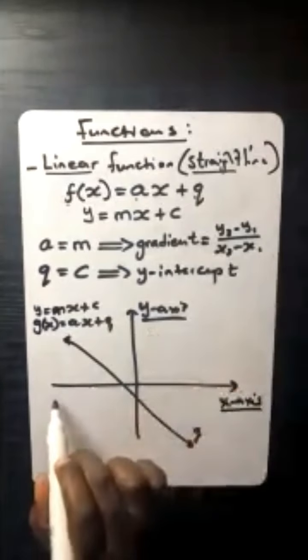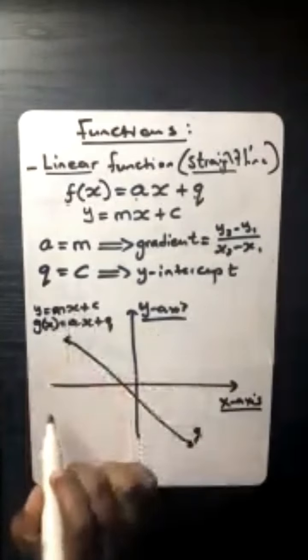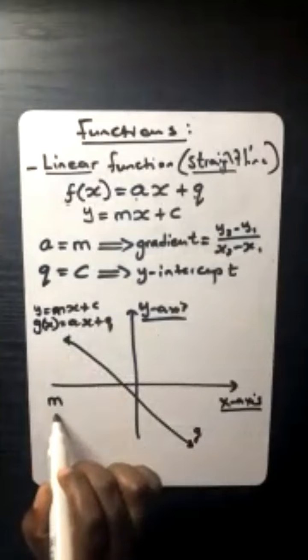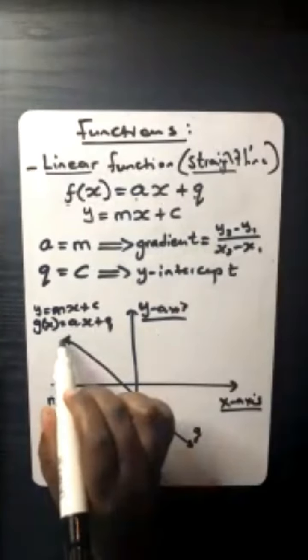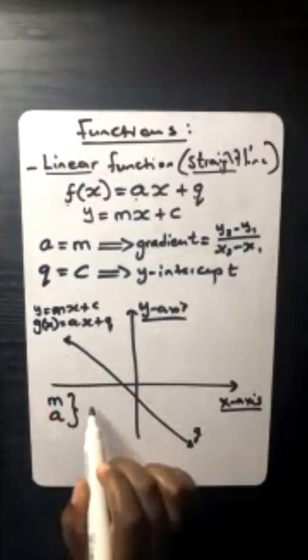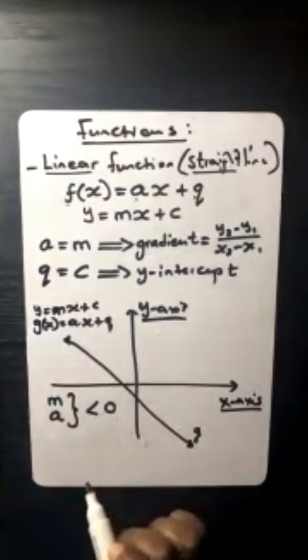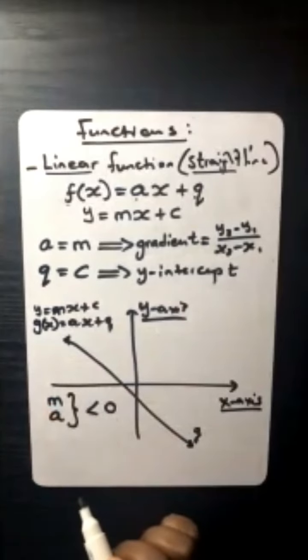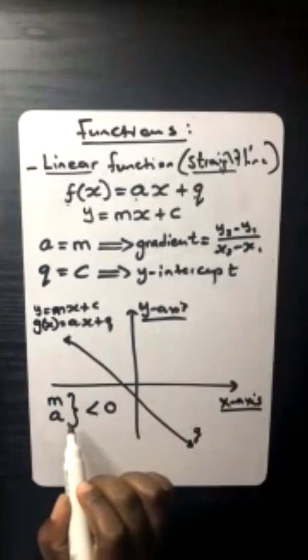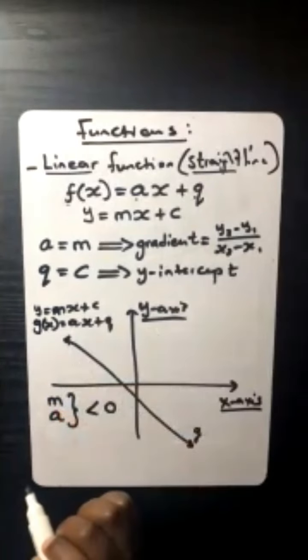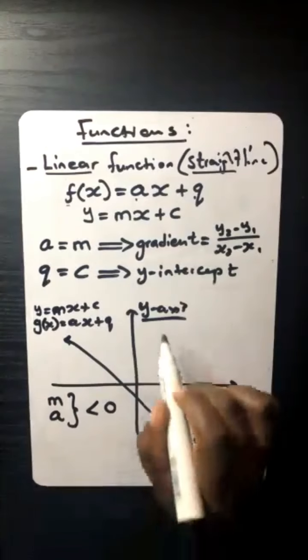Remember, the gradient is represented by m, and again it's represented by a. So when we say we've got a negative gradient, we say m or a is less than 0. That means when you have this type of a straight line, you've got a negative gradient.